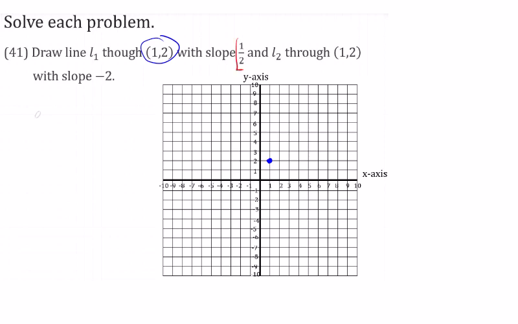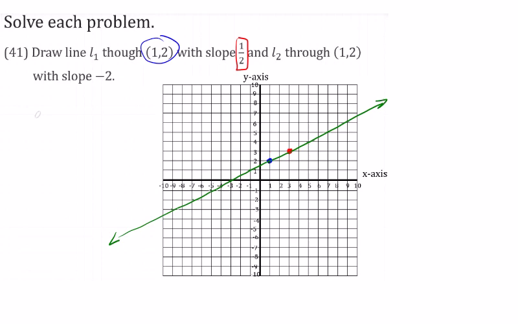So I'm going to go up 1 and right 2, or we could go down 1 and left 2. I'm just going to put some little dots on these so I can trace my way back. All right. So there's that line.